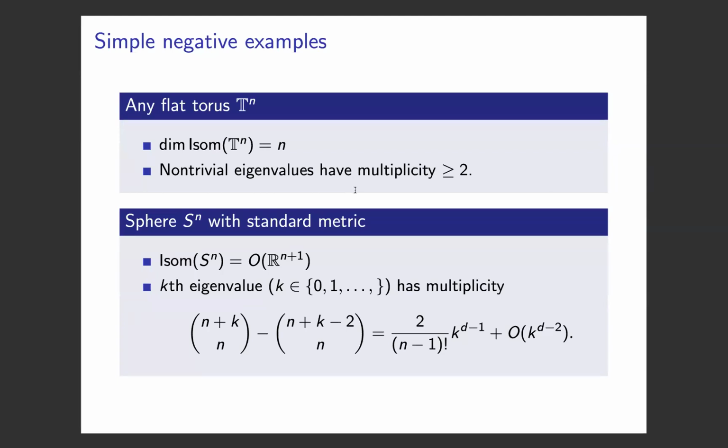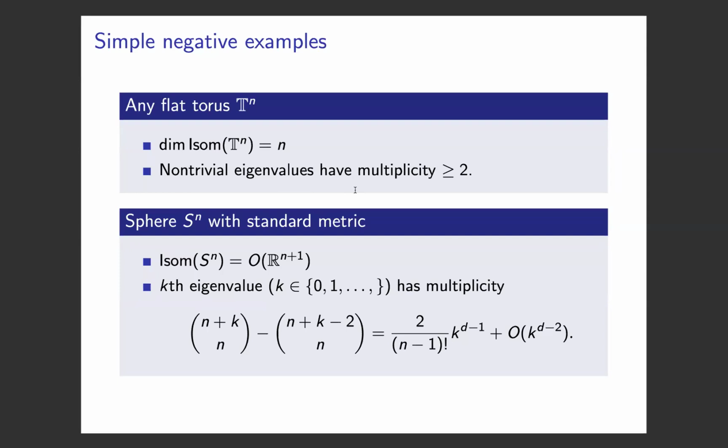So it's at least multiplicity 2. At the same time, it has a transitive action by isometries. So, certainly not a finite isometry group.